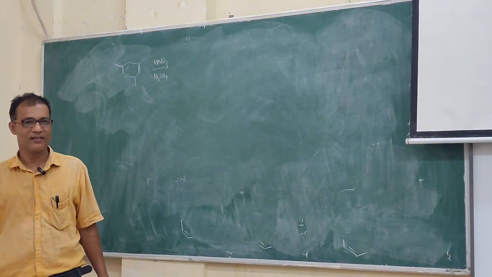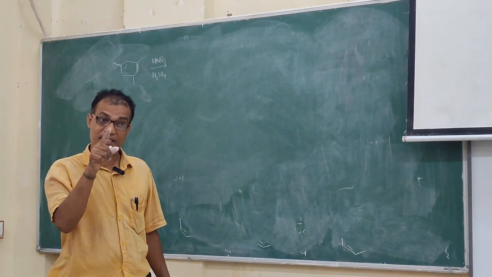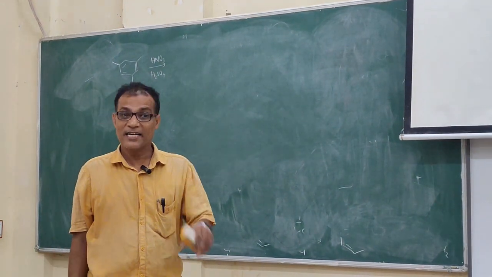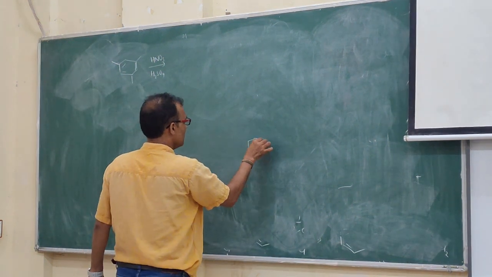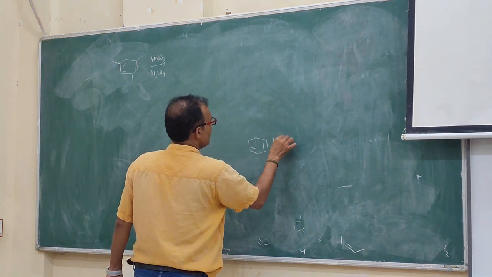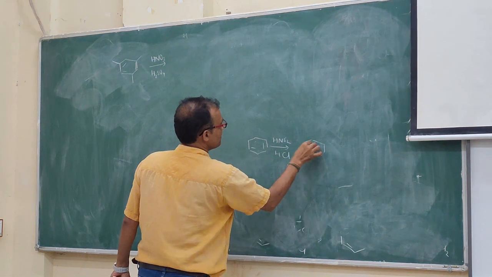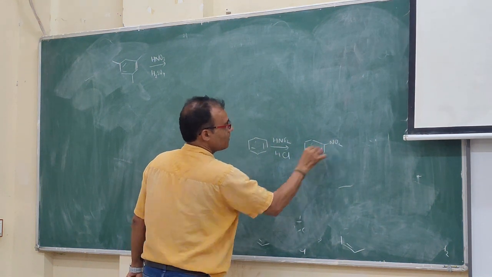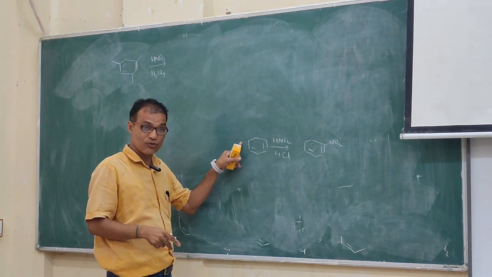Nitration. But remember, if you use HNO2 and HCl, then only nitration will occur. See the exception. Suppose you give HNO2 and HCl, what will you get? If there is no NH2 group, because if NH2 is there, instead of nitration it will be diazotized.